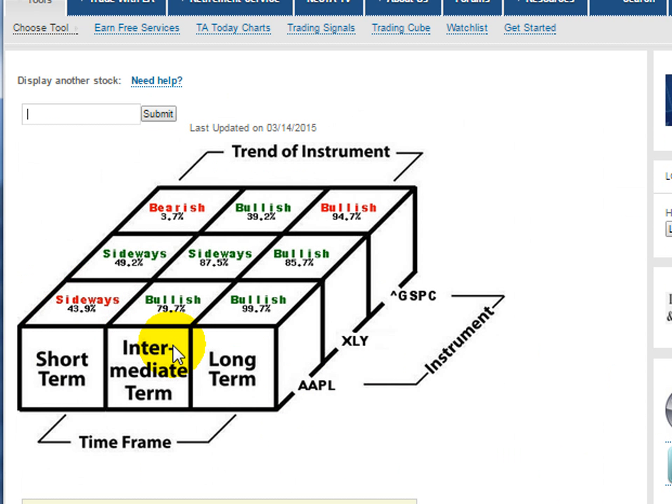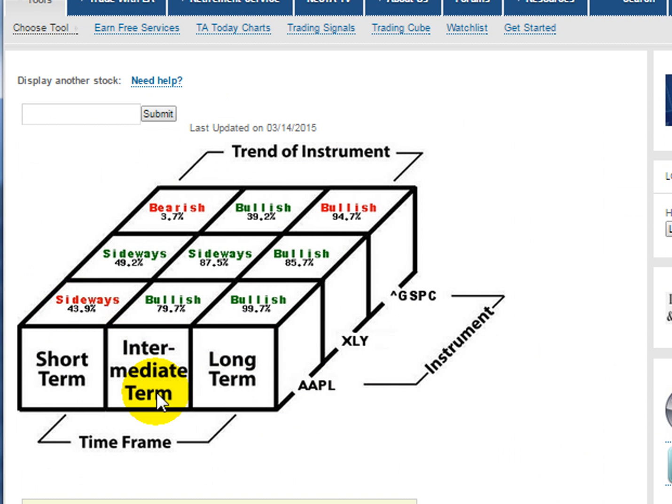Most people never look at the intermediate or long term, and they certainly don't look at the sector or the general market, and they certainly don't look at it with respect to mean time to failure, cumulative mean time to failure.